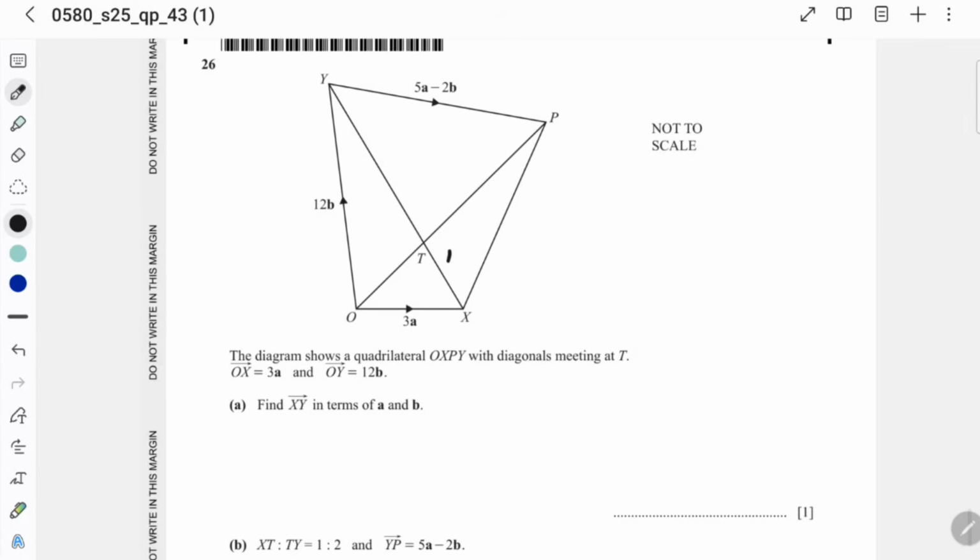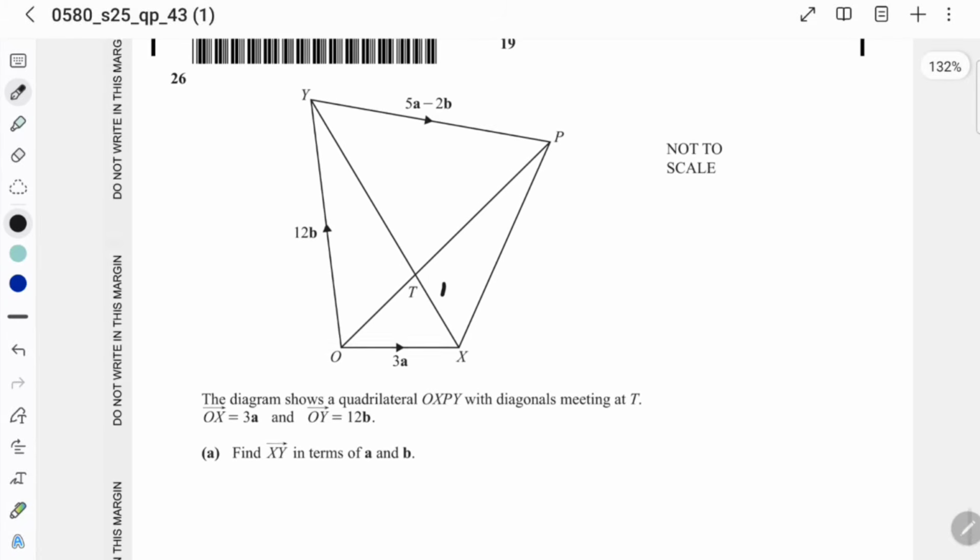The vectors question is there. The diagram shows the quadrilateral OXPY with the diagonals meeting at T. OX is 3a, OY is 12b. Find XY in terms of a and b. You can do it by position vectors also: XY equals OY minus OX. Both ways you will get the same answer.